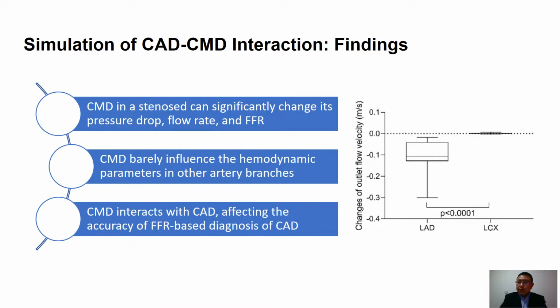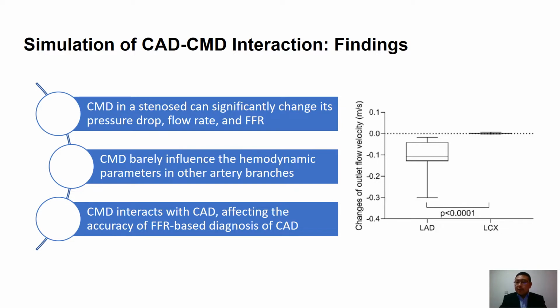The simulation results showed that, firstly, CMD in a stenosed artery can significantly change its pressure drop, flow rate, and FFR. Secondly, in contrast, CMD barely influences the hemodynamic parameters in other artery branches.